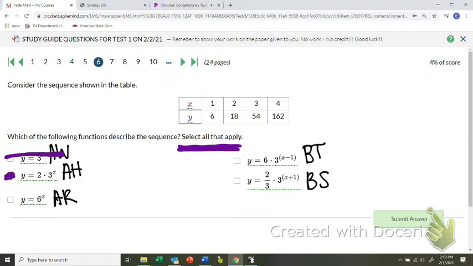Okay. Ava, the third one. Yes or no? It does match? Okay. I agree 6 to the 1 matches. But when you put in a 2, you get out an 18?